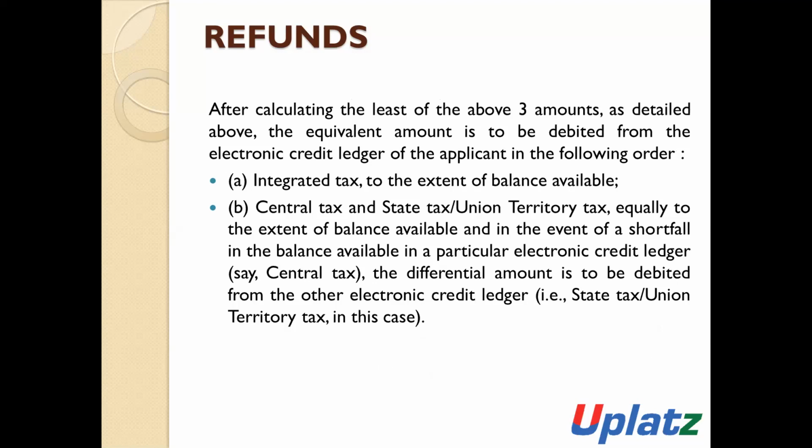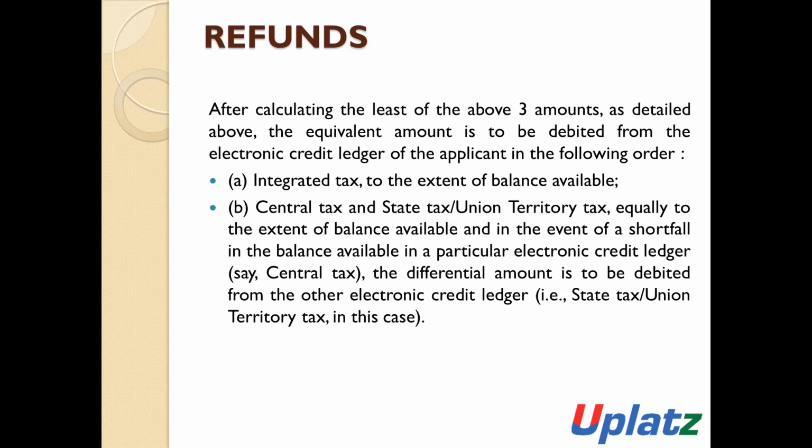After calculating the least of the above three amounts as detailed above, the equivalent amount is to be debited from the electronic credit ledger of the applicant in the following order. Means the refundable amount will be debited from the electronic credit ledger of the applicant in the following order.